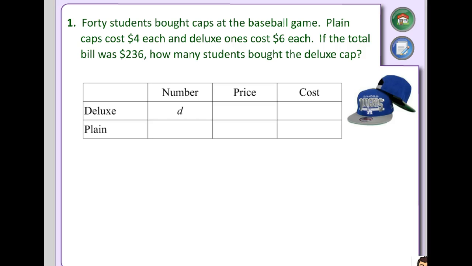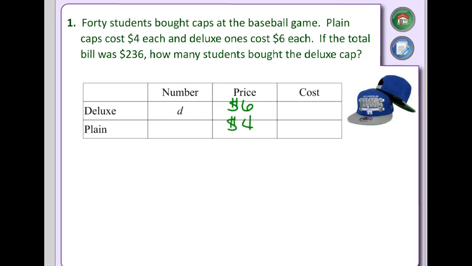Well, if we go through here just like yesterday when we're filling in our charts, what do we automatically know? Well, when we read through that problem, we know the price. It says that a deluxe cap costs $6, and the story problem tells us that plain hats cost $4.